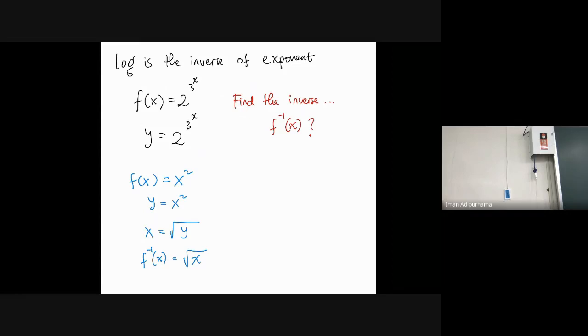Can you write it? How? Try to make some numbers for x and y. Is it true or not? Okay. Any idea how to solve this one to find the inverse?